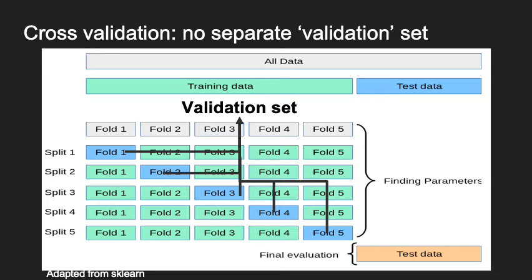You train on four and validate on one, and you do that five times. That way, you find your best hyperparameters, and then you test your model on the reserved test set that has nothing to do with either the validation set or the training set.